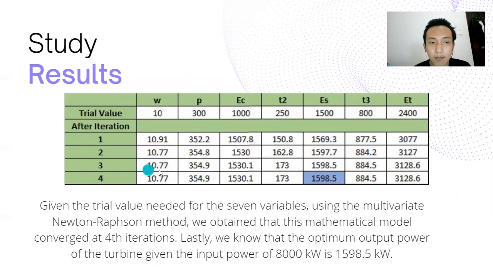As we see at iteration 3 and iteration 4, almost all of the variables don't change drastically. They changed, but just very, very little.